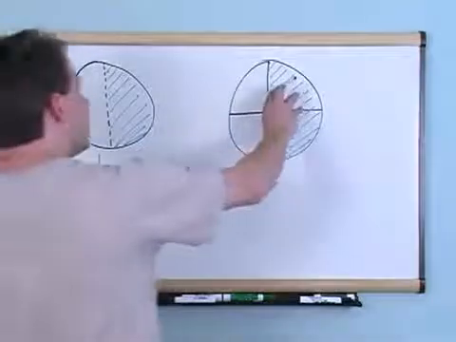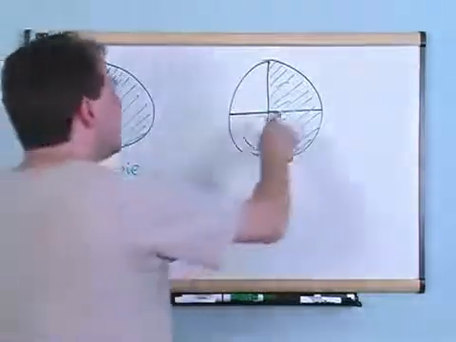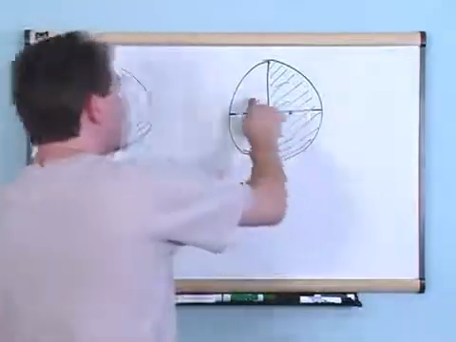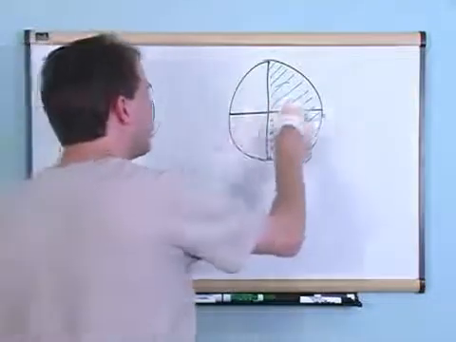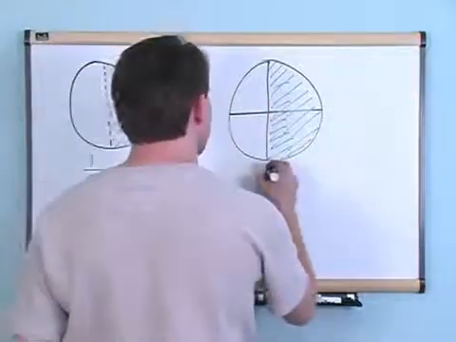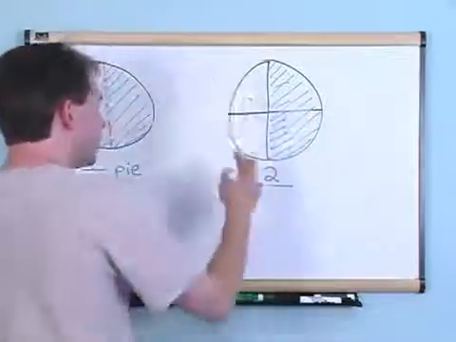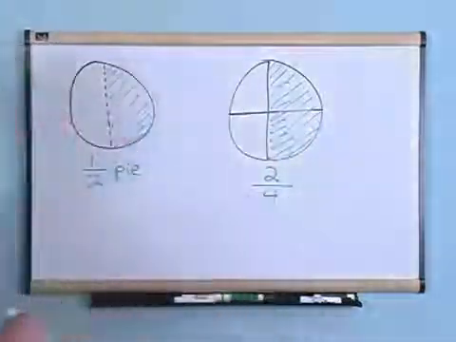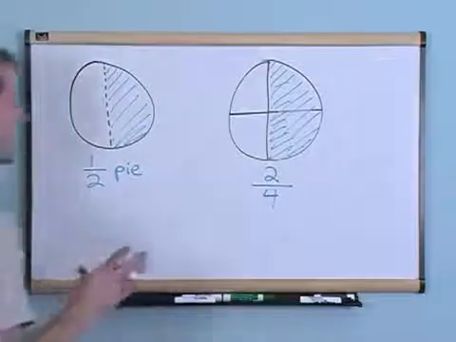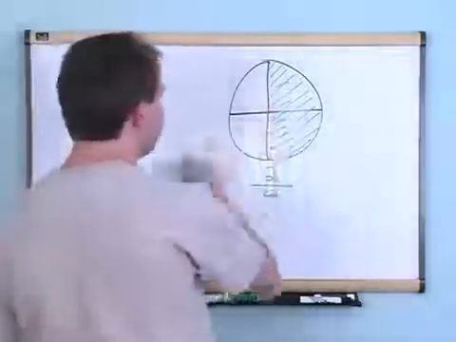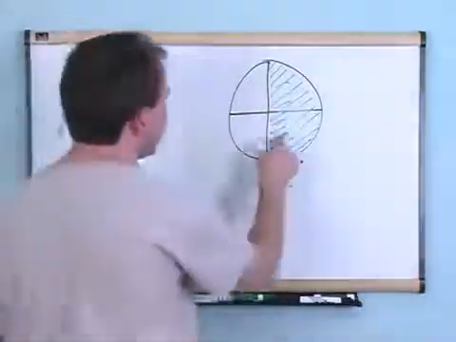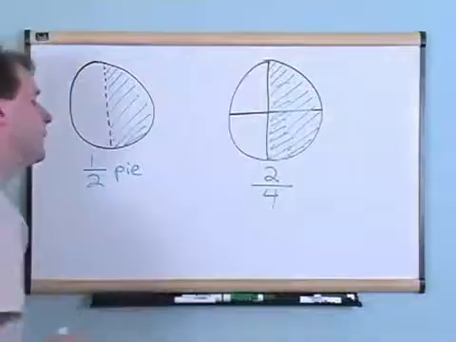So how much have I taken away here? There were 4 pieces, and I took 2 of them. So I took 2 pieces, 1, 2, out of 1, 2, 3, 4 total pieces, okay? That is a fraction. So anytime you write a fraction down, the top number is how many pieces you have, and the bottom number is how many total pieces there are, period, okay?